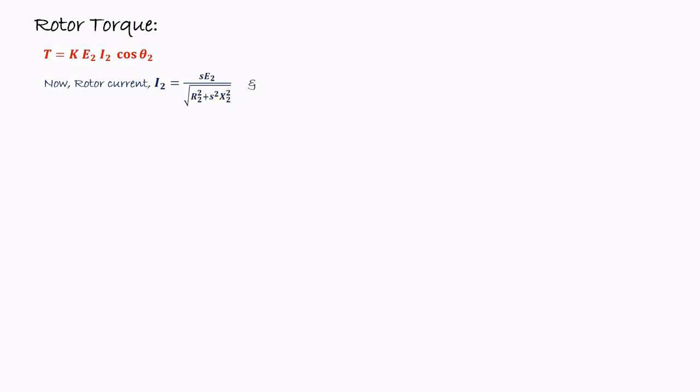Now we have already seen that the rotor winding current during the running condition I2 and the power factor cos phi 2, these two are functions of the slip. So here is the value of the rotor winding current per phase, and this is the power factor. Now put these two values in the torque equation.